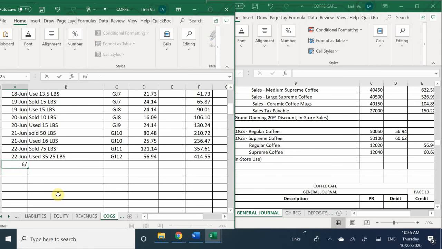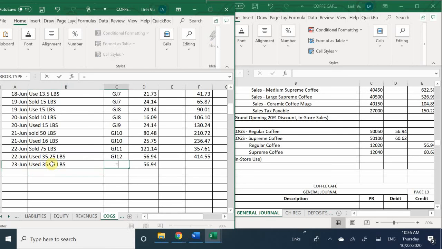Hold on. Credit 60. We're not crediting. No. So used 35.25 pounds. Yes. We used 35 and a quarter pounds.